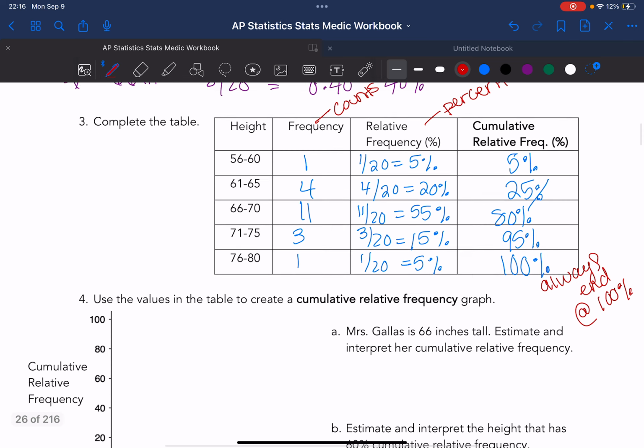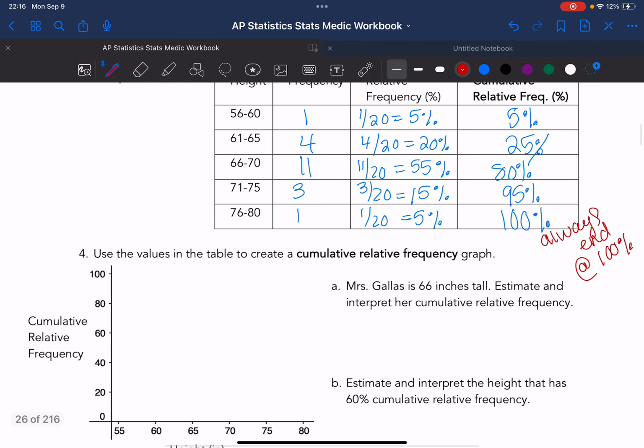Next, it says use the values in the table to create a cumulative relative frequency graph. So in order to do that, we are going to first create a bar graph, and that bar graph is going to include each of these ranges.